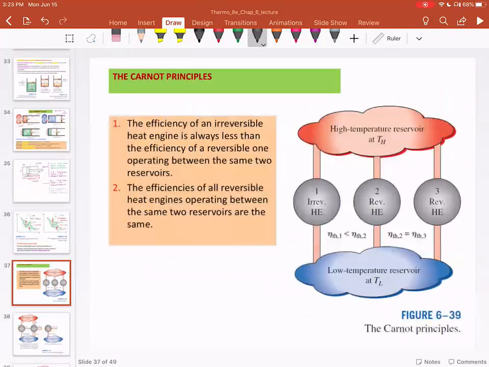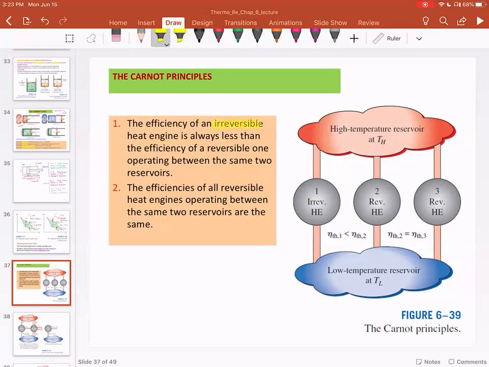So now let's talk about the Carnot principles. The Carnot principle provides the theoretical maximum efficiencies and coefficient of performance that are possible using the thermodynamic principles. So the Carnot principle is this.